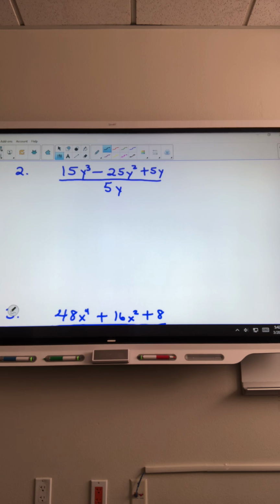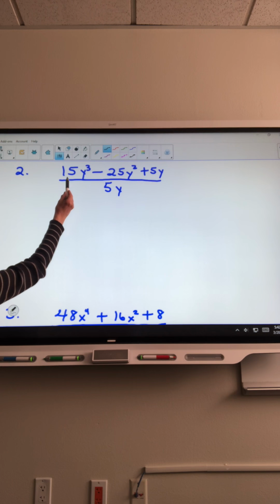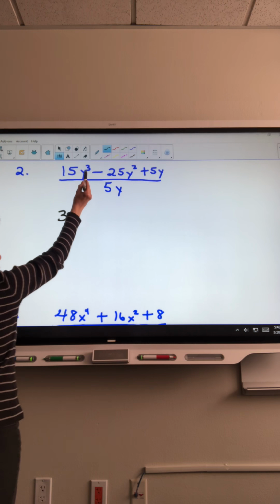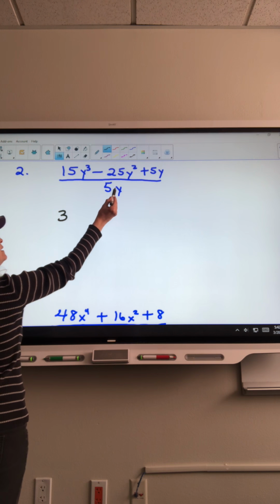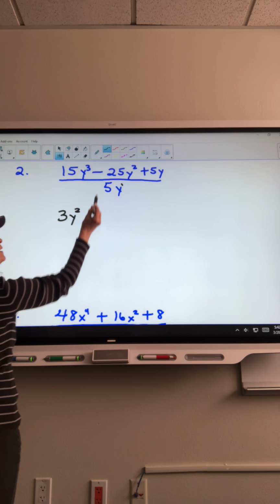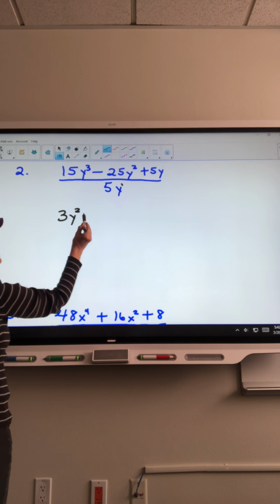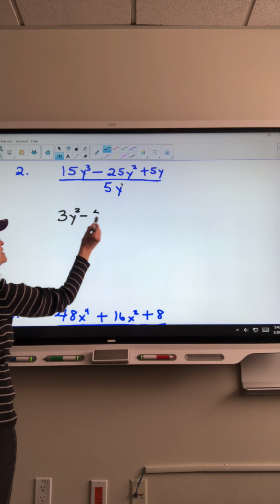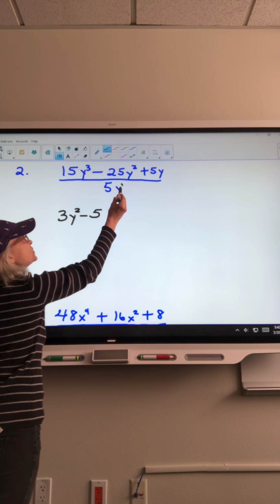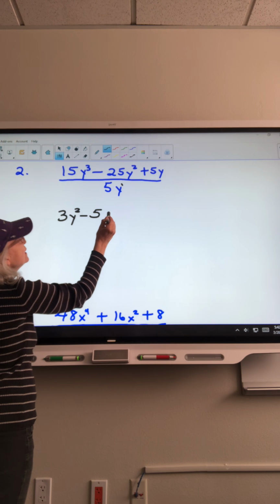Let's go ahead and do this one. So we'll start with 15 divided by 5, which is 3. And then y cubed divided by y to the first would be y squared. A negative 25 divided by 5 is a negative 5. y squared divided by y to the first would be y.